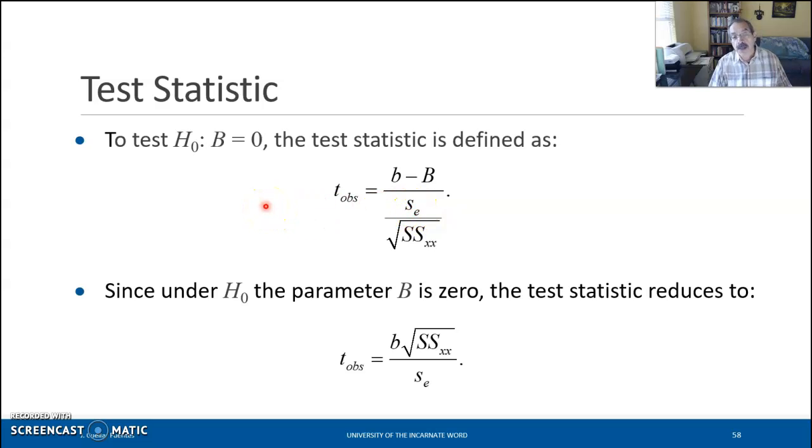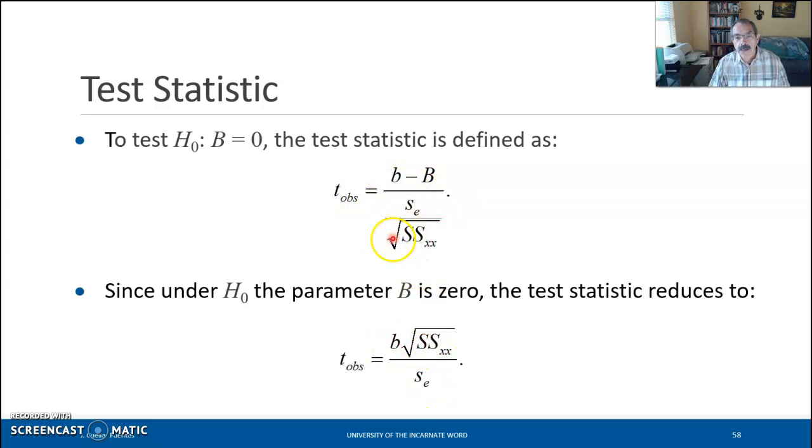All right, for this test, the test statistic is defined as the difference of the estimate minus the proposed value for the slope, b. Because under the null hypothesis b is 0, this b disappears from the numerator, and so this test statistic simplifies to this.